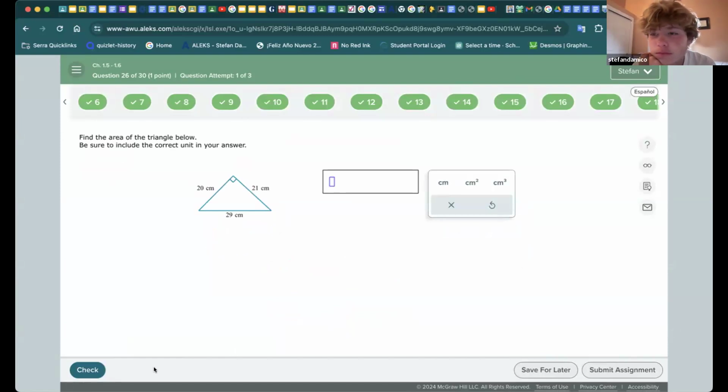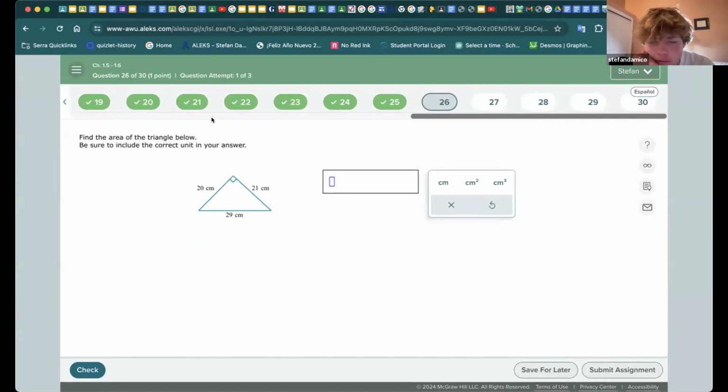So what would this be? I do 1/2 of 20 times 21. So that would be 10 times 21, which is 210. 210 square centimeters.